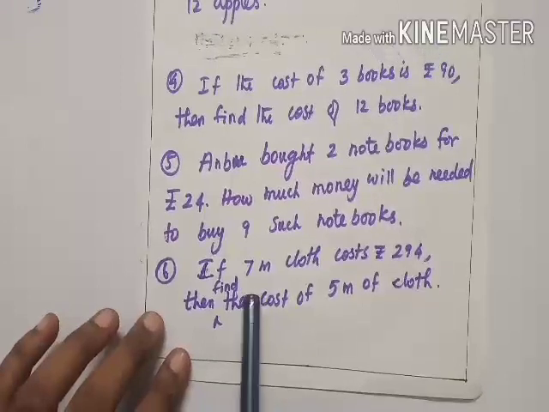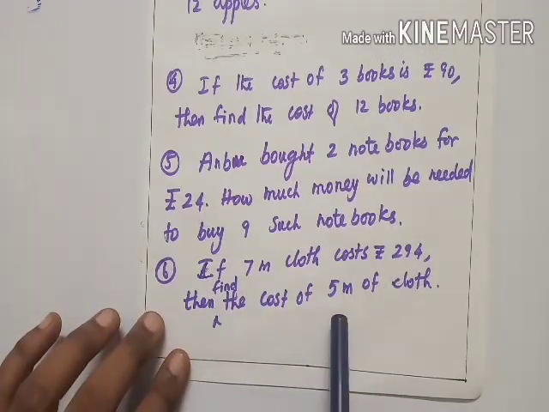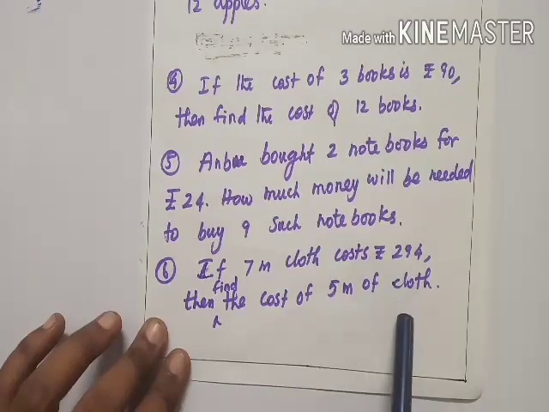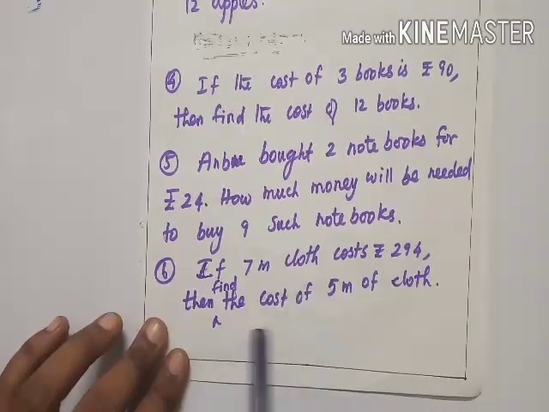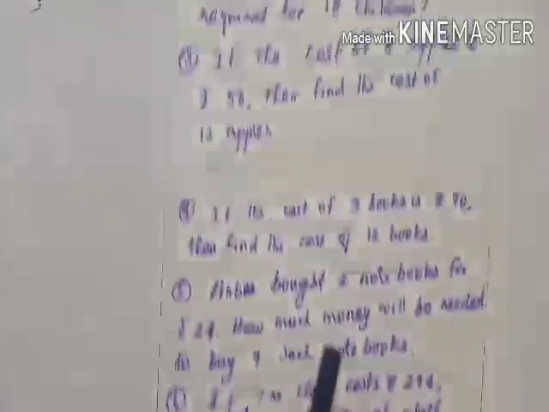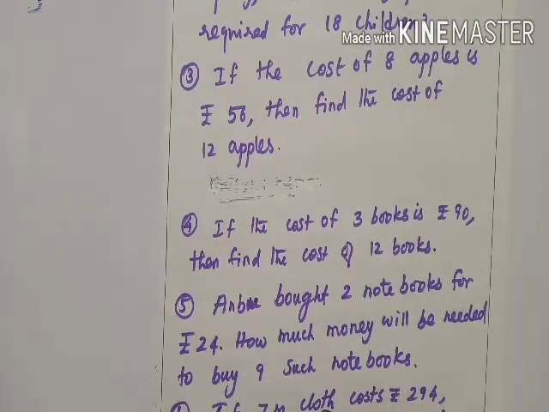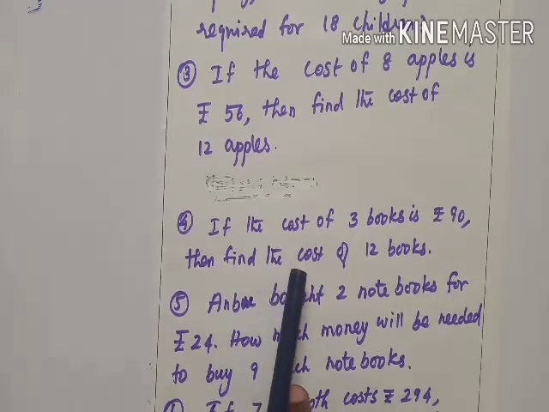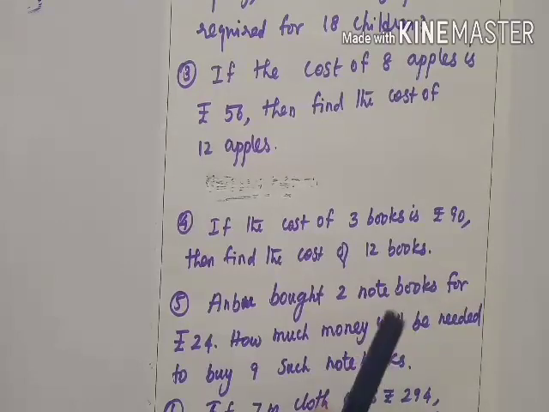Sixth, if the cost of 7 meter cloth is given, find the cost of 5 meter cloth. Here length is reduced, so definitely cost also will reduce. So this is also in direct proportion. Actually we did this type of sum with the unitary method last year, in 6th standard. Here you should not do like that. Next class I will teach you the unitary method.